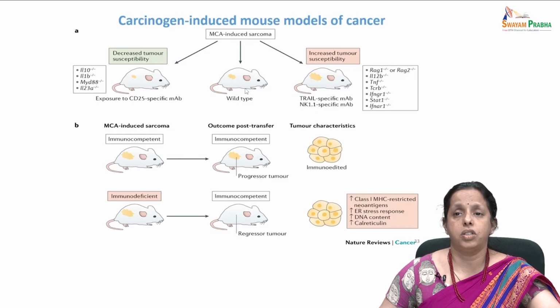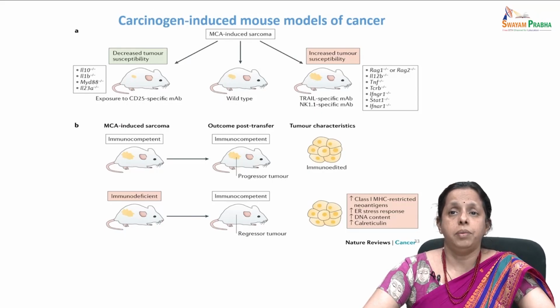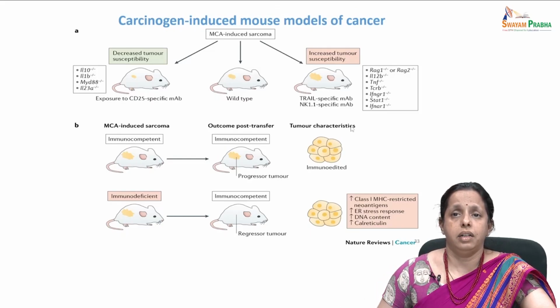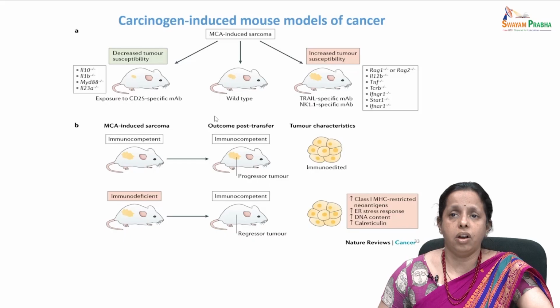As mentioned before, carcinogen induced mouse cancer models have been very instrumental in supporting the immunoediting theory, as demonstrated by this MCA induced sarcoma in mice, where they have a genetic deficiency or monoclonal antibody targeting of the immune components, compared with the wild type control animals.